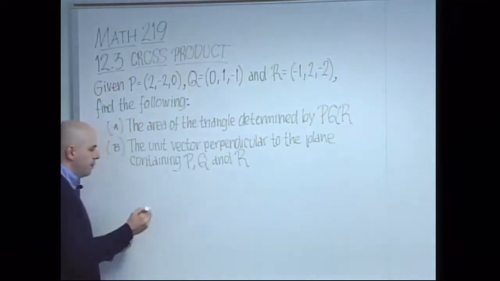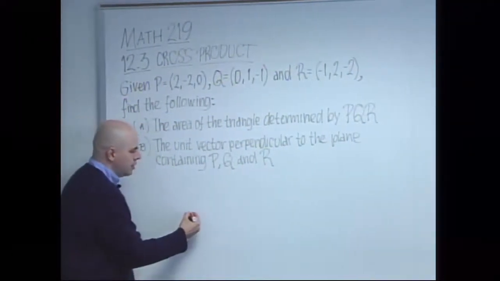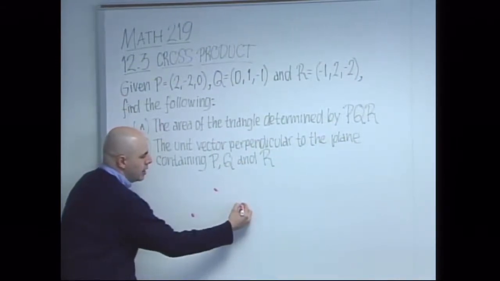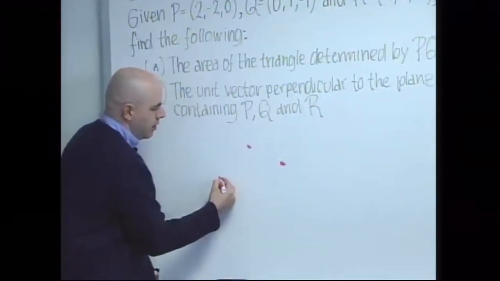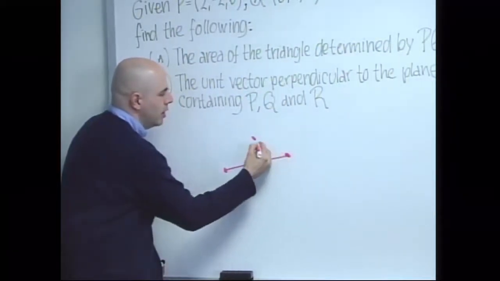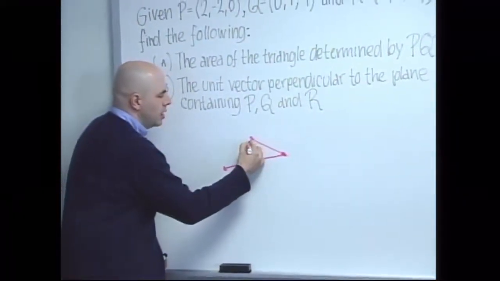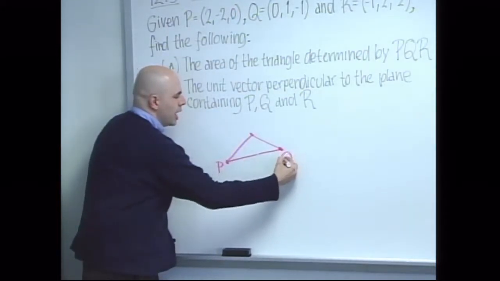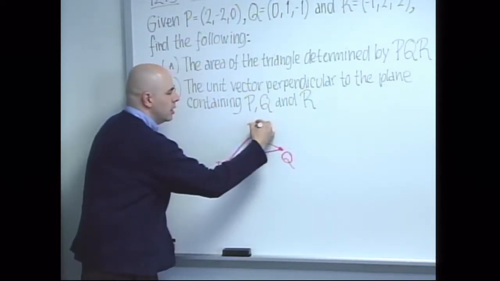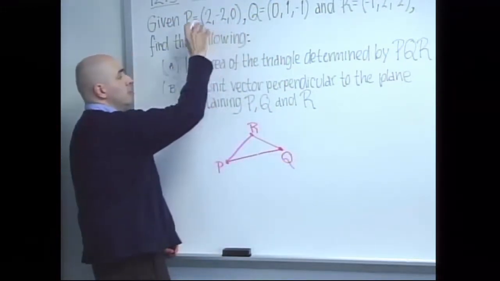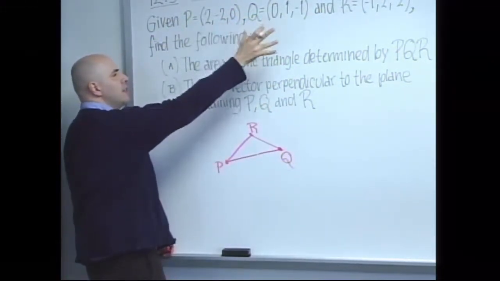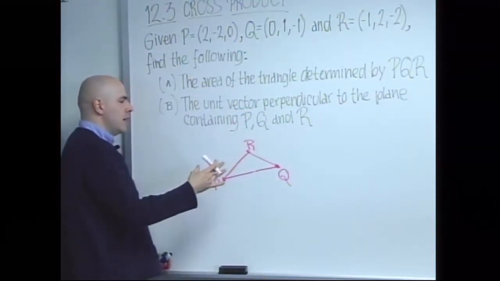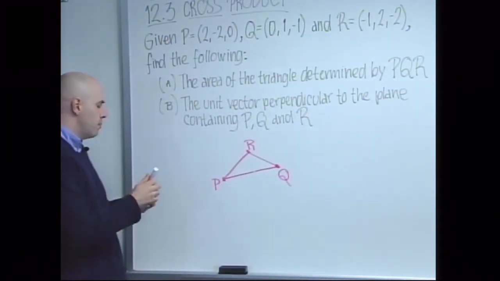Every time that you have 3 points in space, if they are not aligned, they create a triangle. I'm not interested in where these points are located exactly. This is not a graph, it's just an idea of how we are going to proceed.